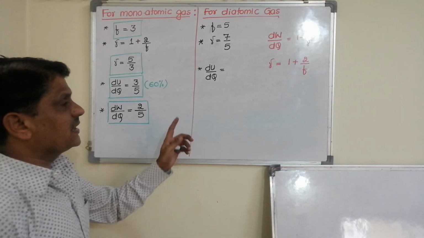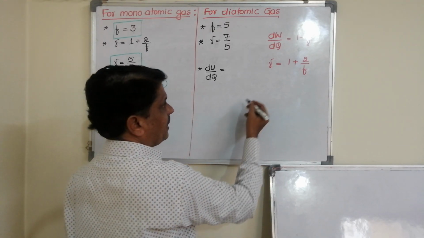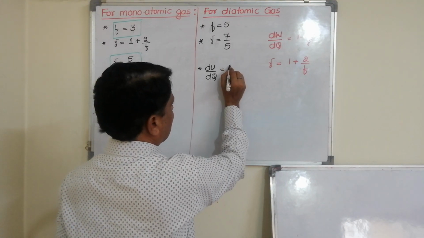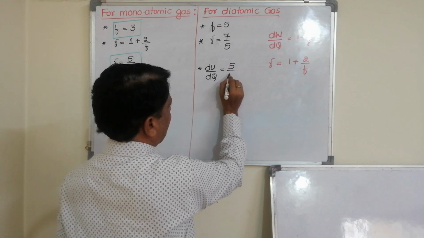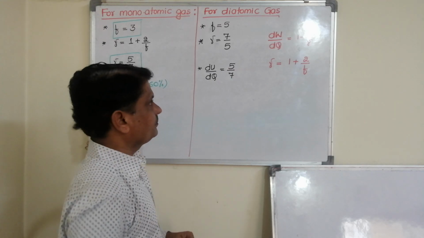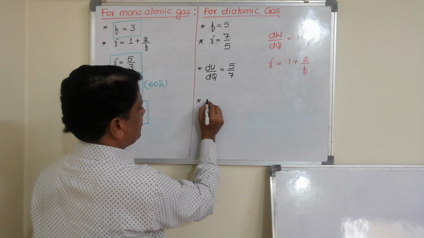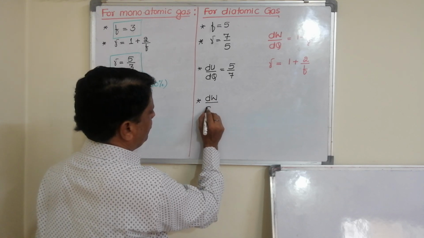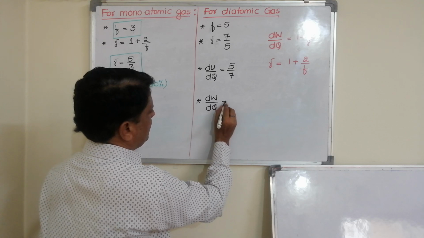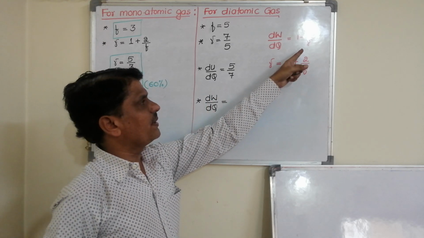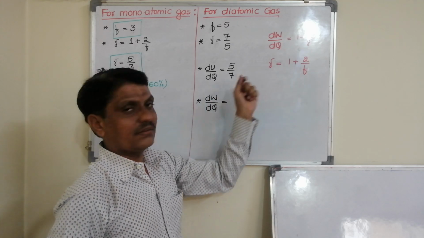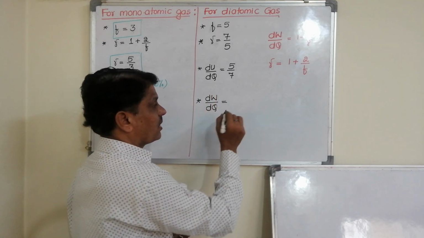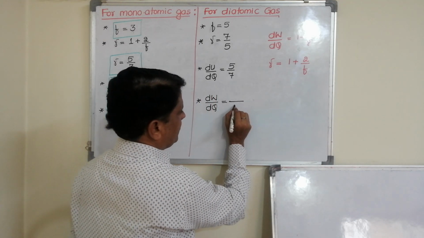Then dU by dQ. dU by dQ is nothing but 1 by gamma. 1 by gamma means reciprocal of this. So it is 5 by 7. Then next dW by dQ. Even if you substitute dU by dQ or 1 by gamma here, you get the answer. Or otherwise I said direct.